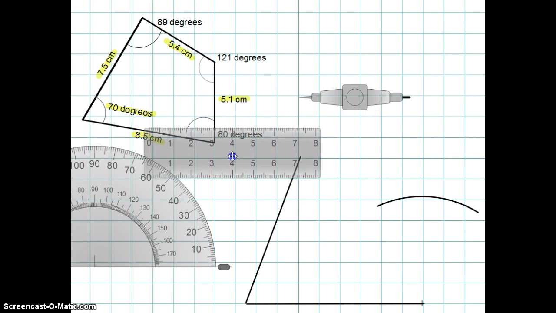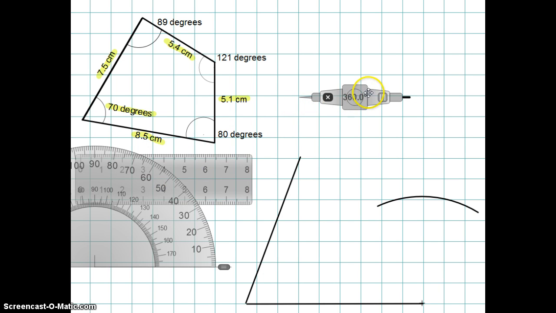Now I'm going to place the tip of my needle over here and then draw an arc. Interesting, the two arcs that I've drawn overlap at that point. So that information tells me that's where the end of this side meets the tip of this side, the other end.